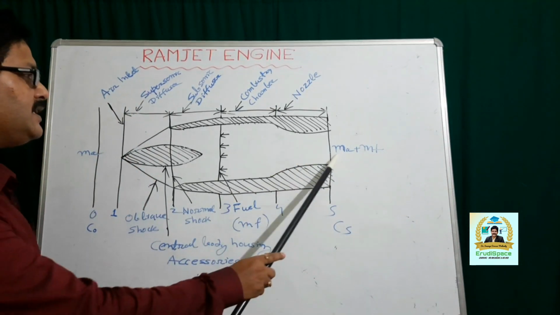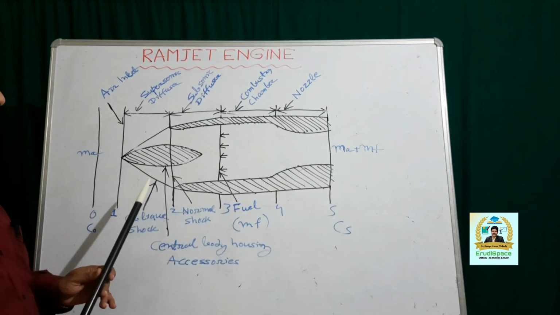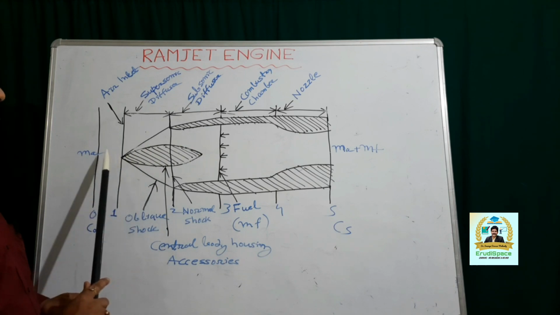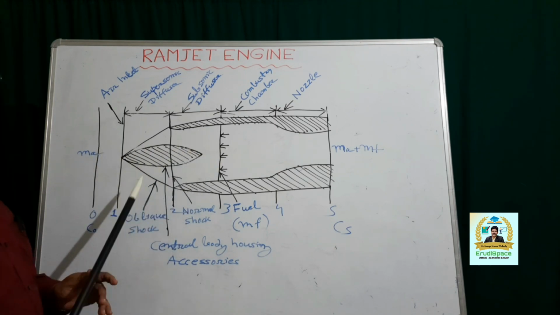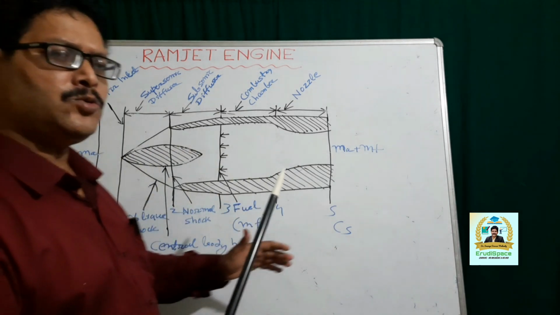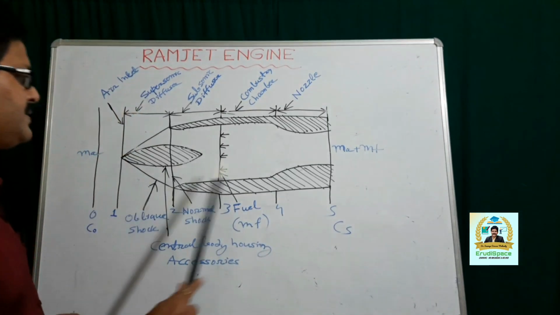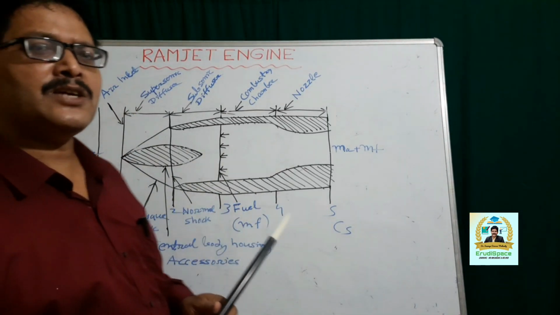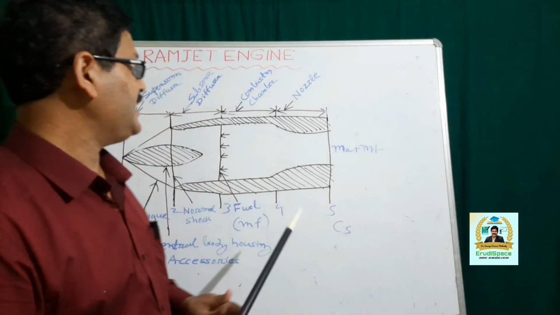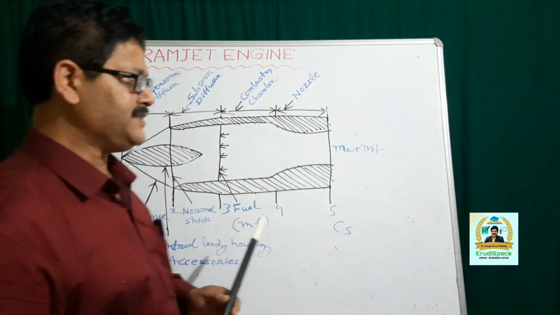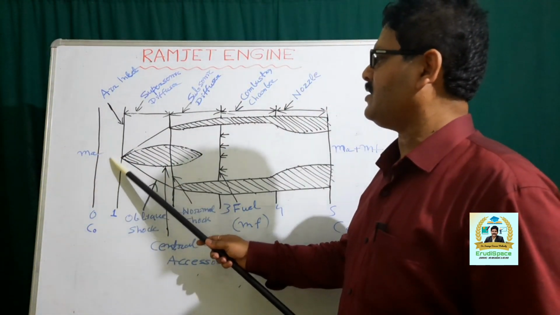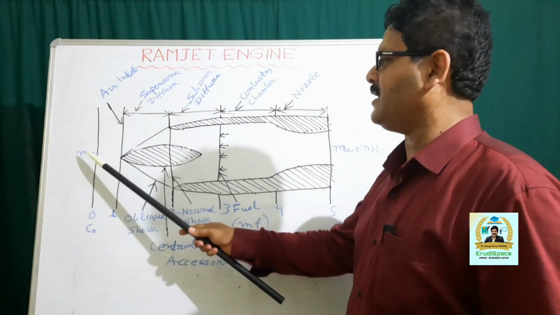And this velocity is much higher than the velocity at which the air actually enters the supersonic diffuser. Due to this, thrust is developed in the opposite direction, which actually helps in moving the ramjet engine.